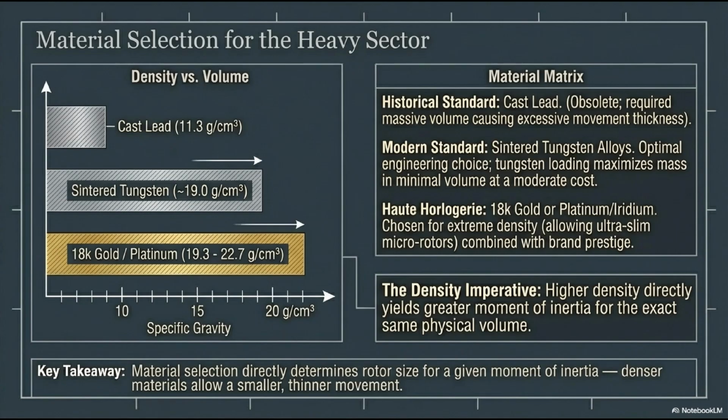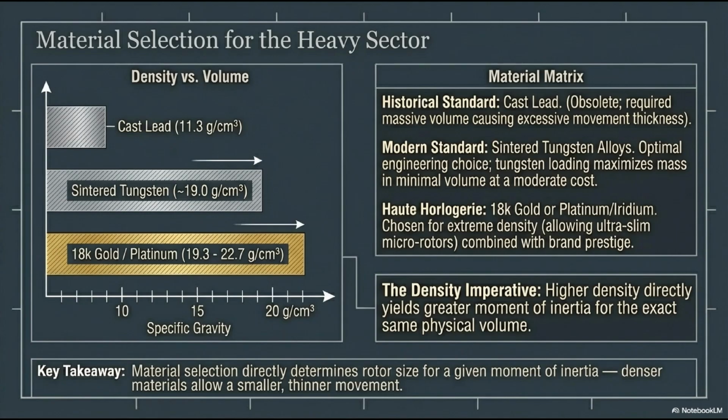The modern standard is sintered tungsten alloys, coming in around 19.0 grams per cubic centimeter. This is the optimal engineering choice. Tungsten powder is sintered in a copper-nickel matrix. This extreme density allows engineers to maximize the heavy mass within a microscopic physical envelope at a moderate cost.